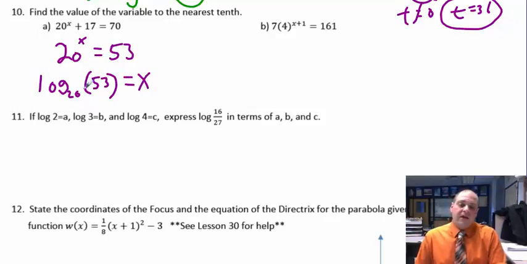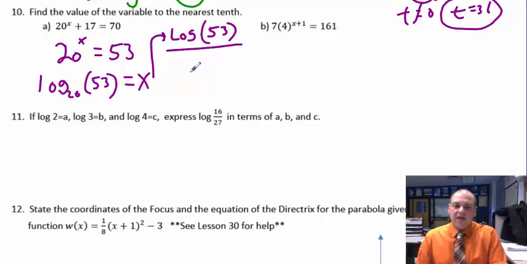Now, there is a way to type that in your calculator with the log base function in the math menu. Or, what you do is this. Using common logs, you can go log of 53 divided by log of 20. And that's the change of base formula. And that comes out to be 1.3.